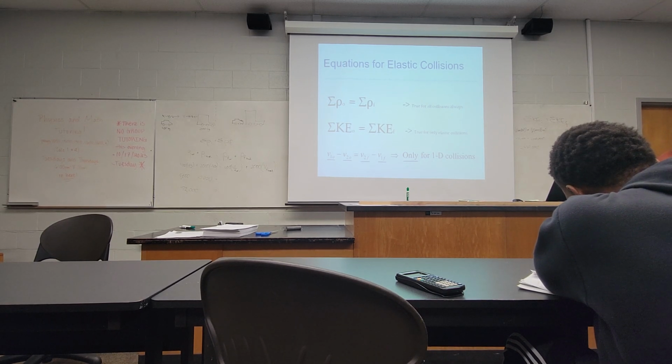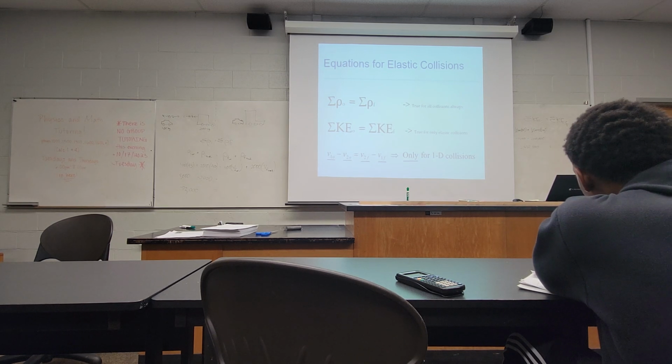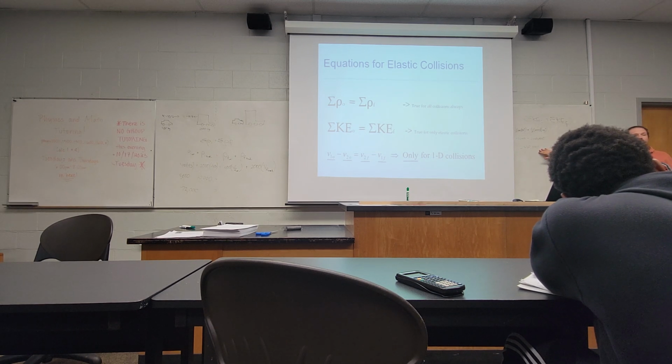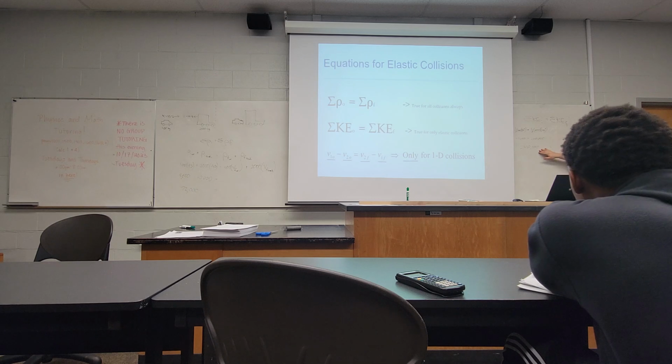So that's how much energy is brought into the interaction by both vehicles. And in an elastic collision, this will remain constant. They're just going to swap who has more of the energy.